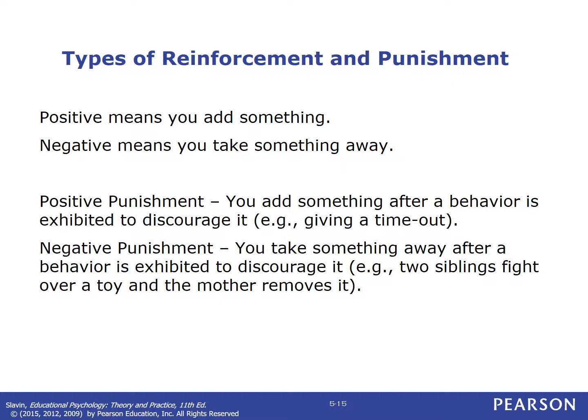Negative punishment means you take something away after a behavior is exhibited to discourage it. So for example, if you have a sister or brother, you probably remember fighting over toys, and your mom or dad might have come up and said, okay, I'll take it. Mom or dad taking the toy away to discourage the behavior. So you've got negative punishment and positive punishment, negative reinforcement and positive reinforcement.